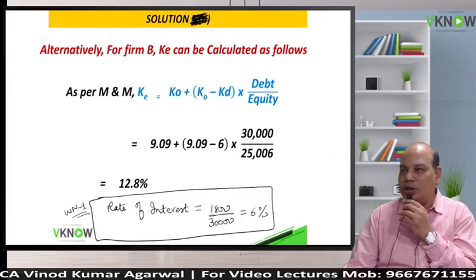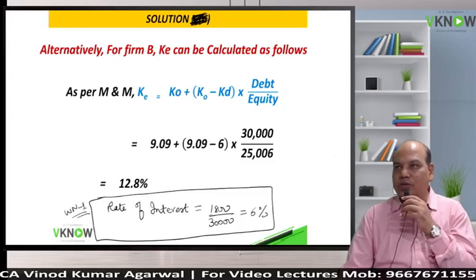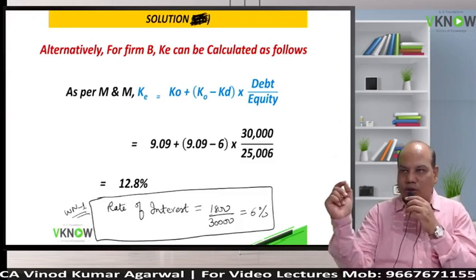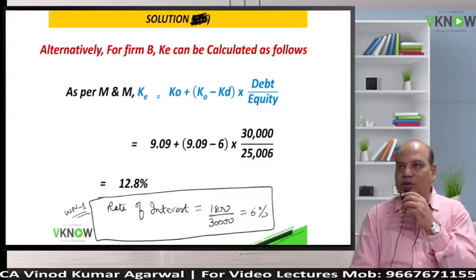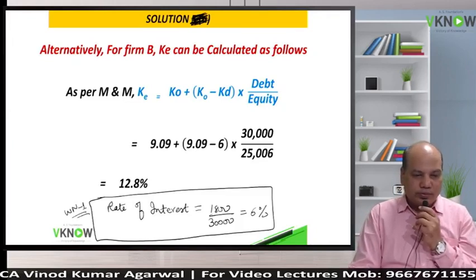Either you can take EBT upon value of equity, or you can apply the formula. You will get same answer. And the rate of interest in the question is 1800 rupees the amount of interest and 30,000 is the value of debt. So are we getting 6%?